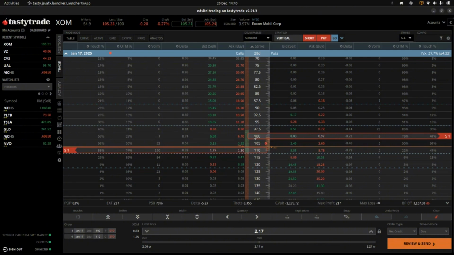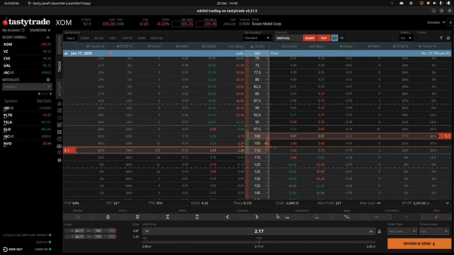Once it goes below that point, now we'll be loss making, or on a paper loss. So it's almost like we've got a built-in buffer in addition to already being outside of the expected move anyway.